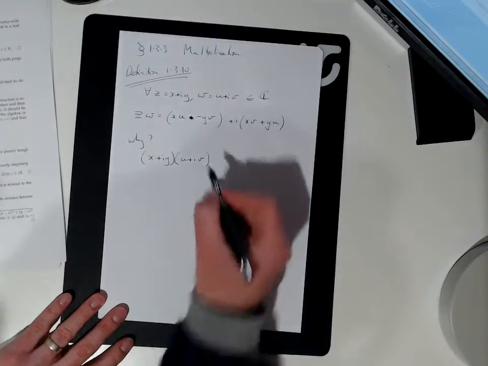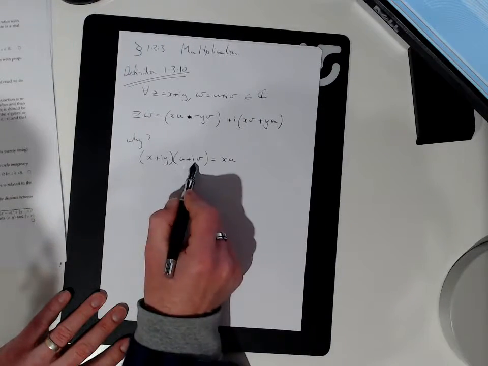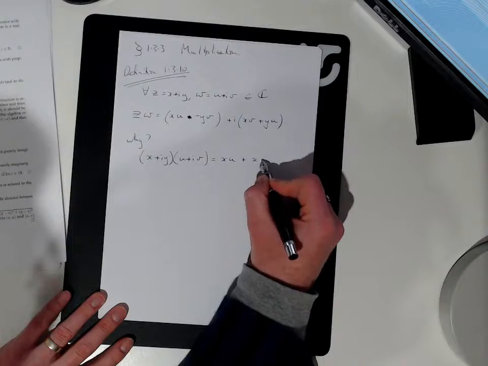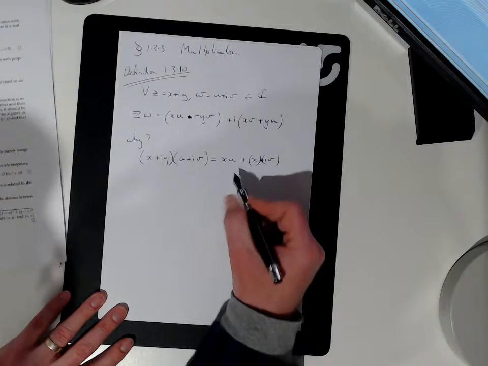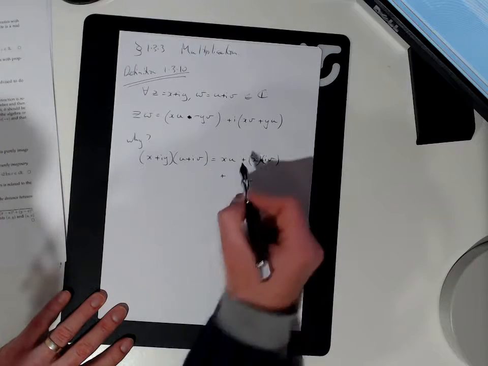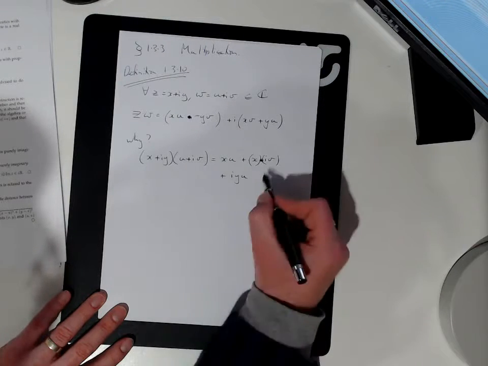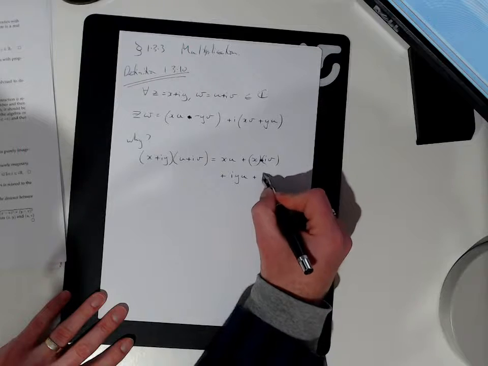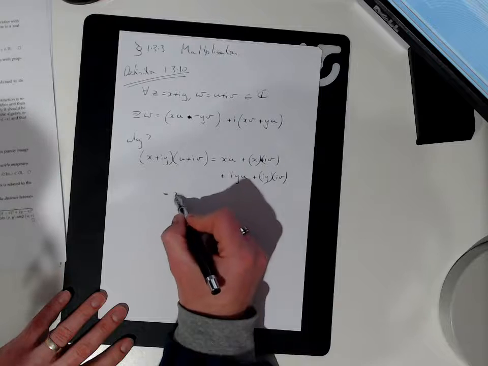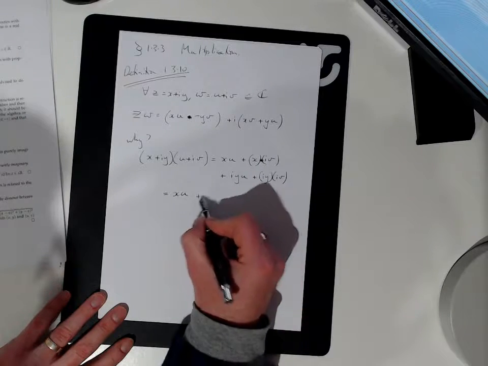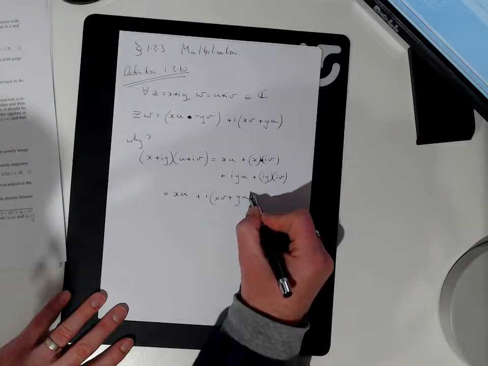So you do this term by term. x times u, x times iv, iy times u, iy times iv, so that's xu plus i(xv plus yu).